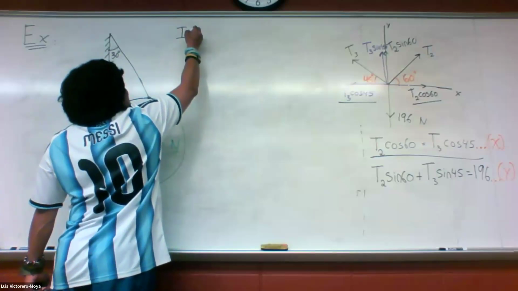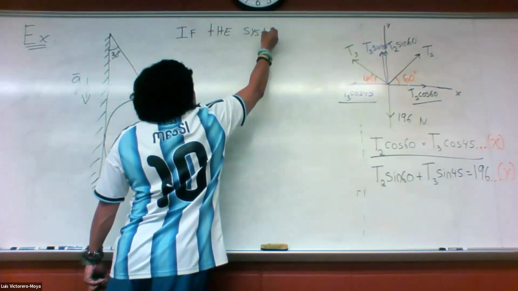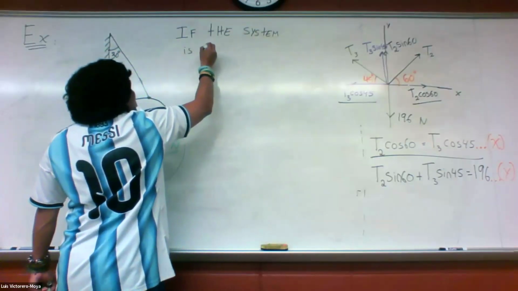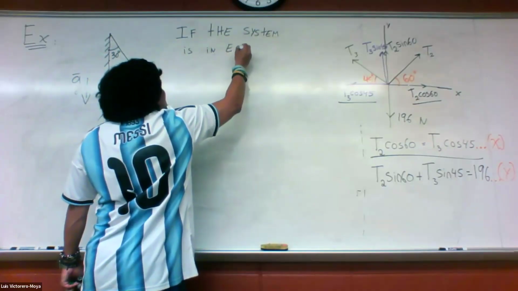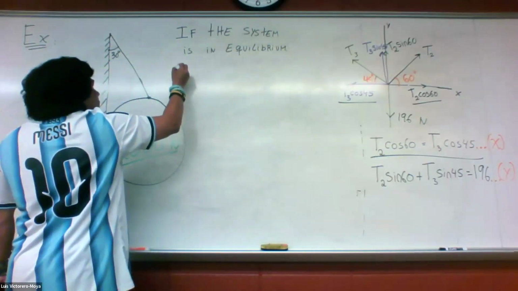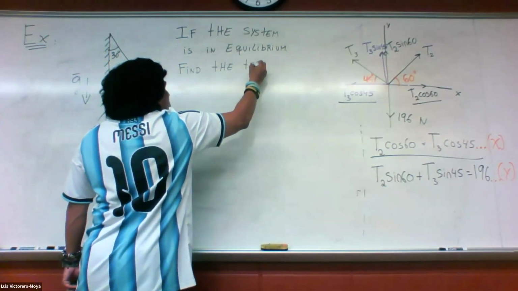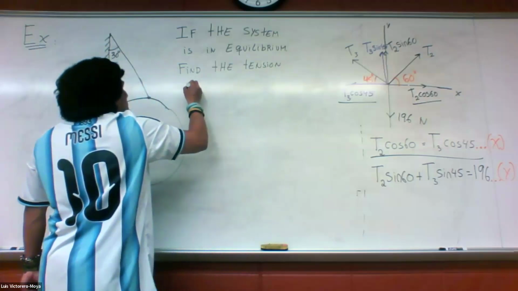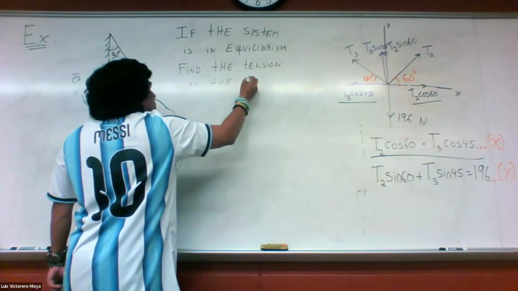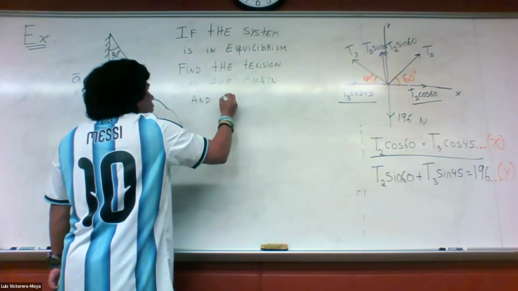If that's the weight of this, they are asking you, if the system is in equilibrium, find the tension on the chain and the normal on the wall.